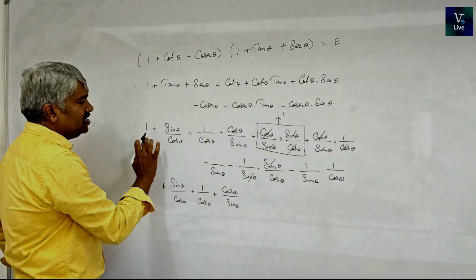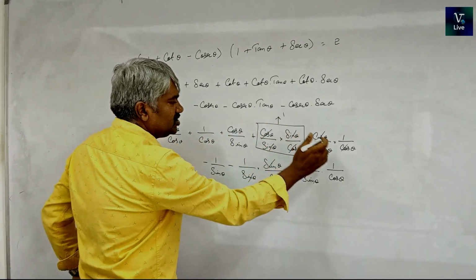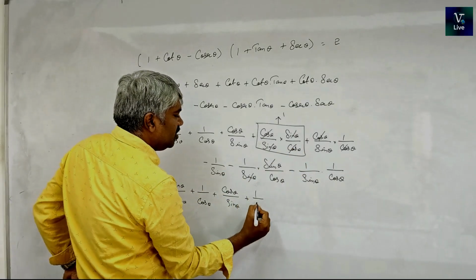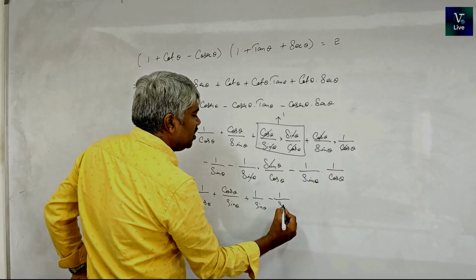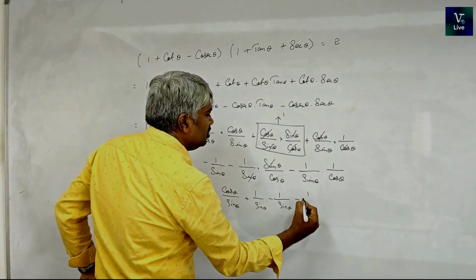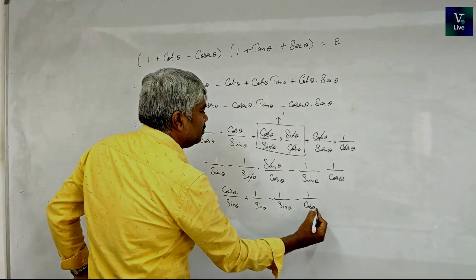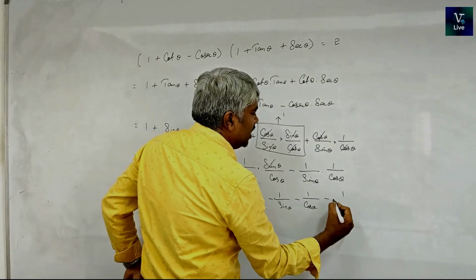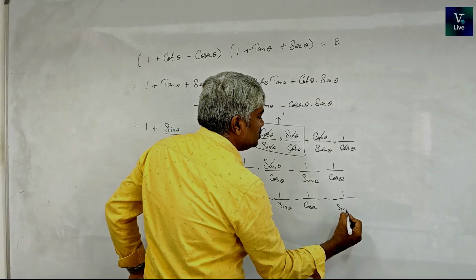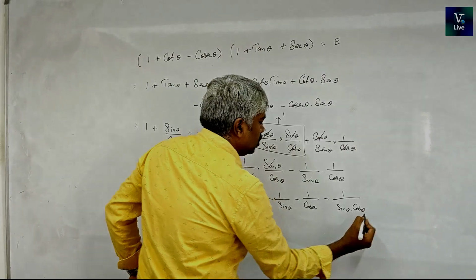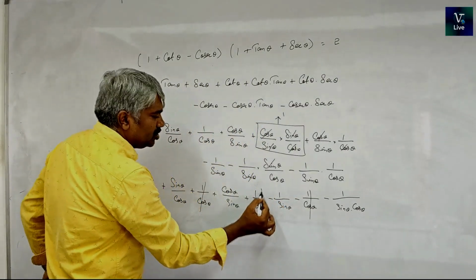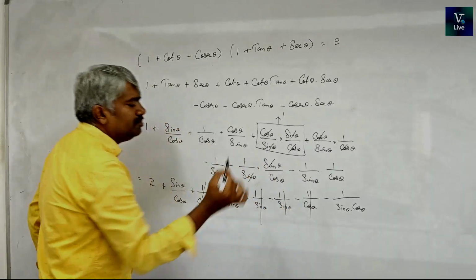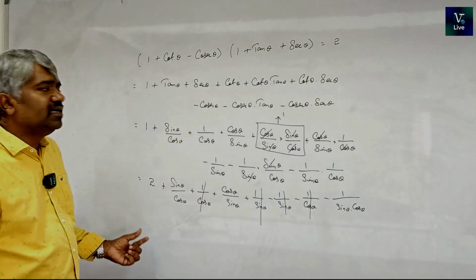Since I have already added the ones, no need to bother about those. Minus 1 by sine theta, minus 1 by cos theta, minus 1 by sine theta into cos theta. The plus 1 by cos theta minus 1 by cos theta, and plus 1 by sine theta minus 1 by sine theta get cancelled.